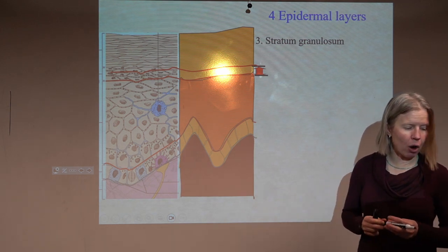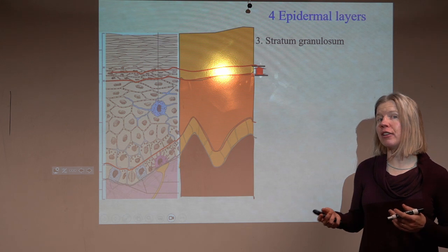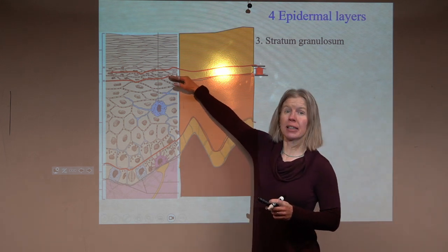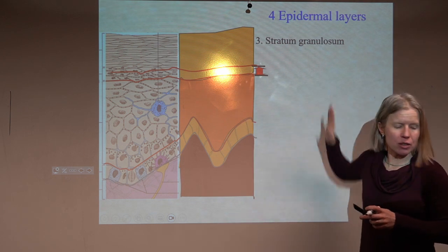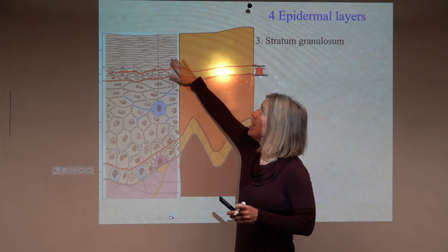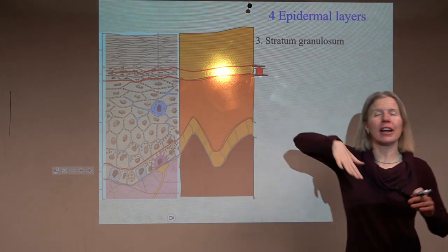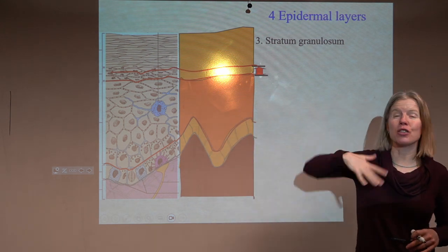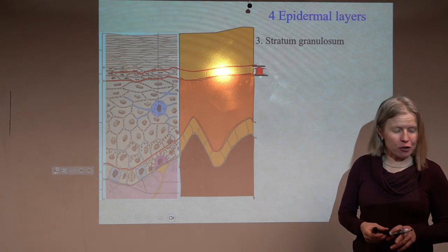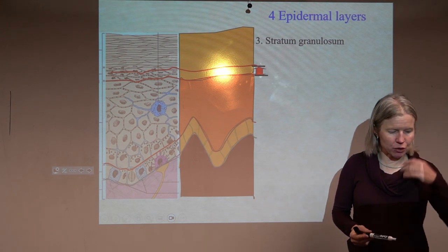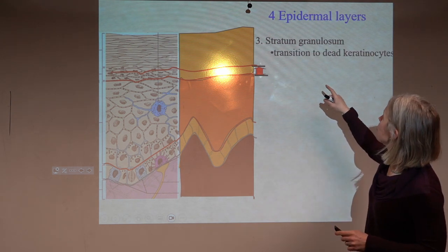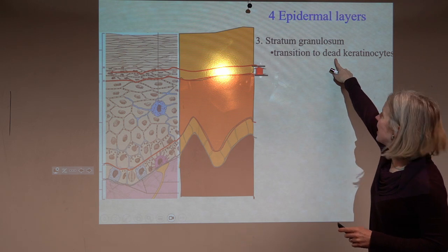This is actually the part where the nuclei and a variety of organelles are going to start to disintegrate. The cells are basically dying in the stratum granulosum, but that's okay, because what we're going to get then is a whole layer, lots and lots of cells that are actually dead, and therefore we're not worried about injuring them on the skin's surface. Okay? So they're transitioning to dead.